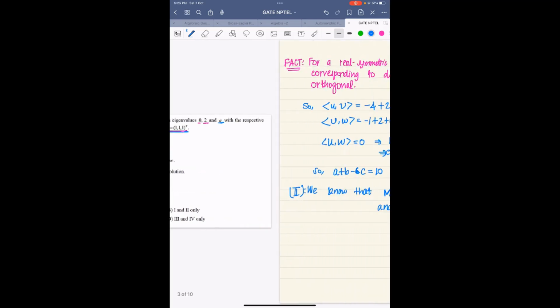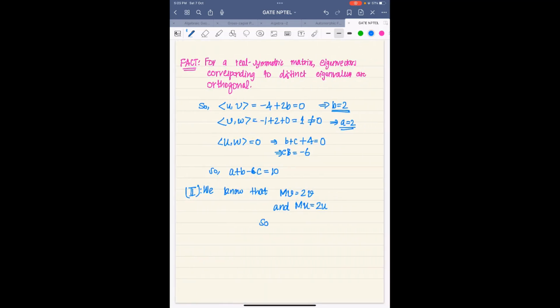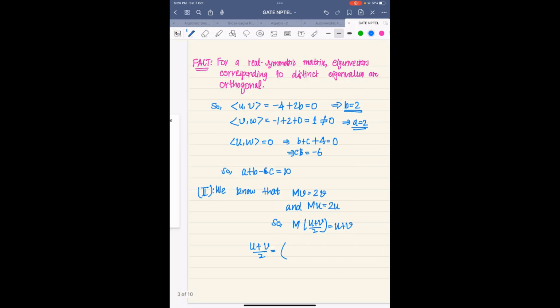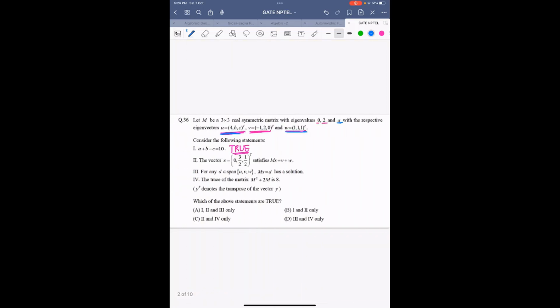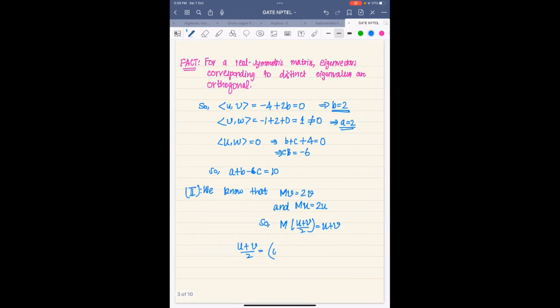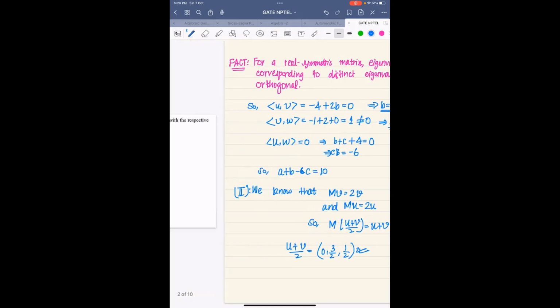So M of (u plus v)/2 is equal to u plus v. And what is (u plus v)/2? This is just the vector x, (0, 3/2, 1/2). So this is also true.